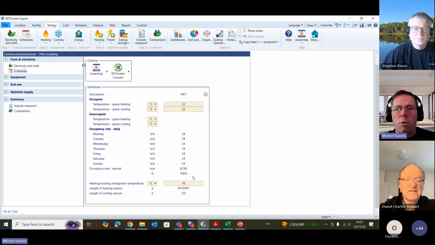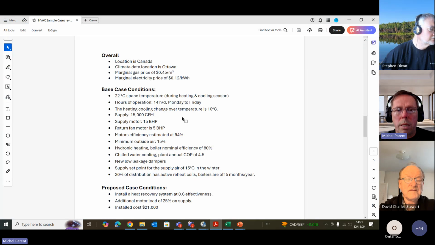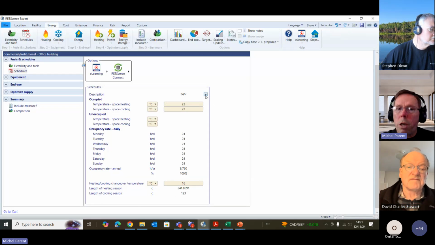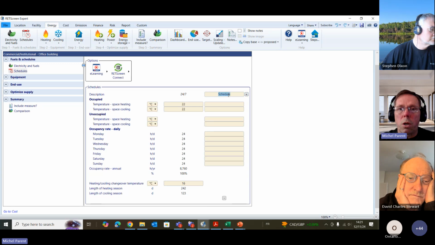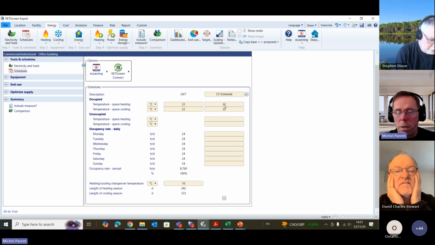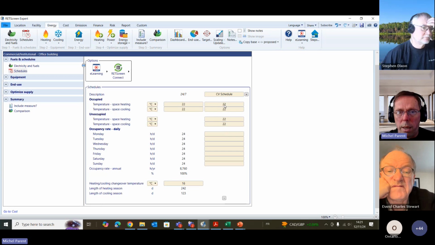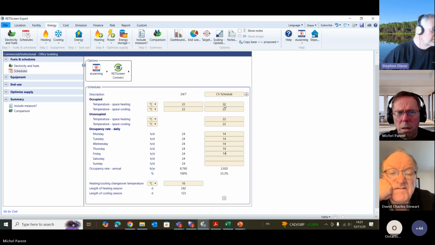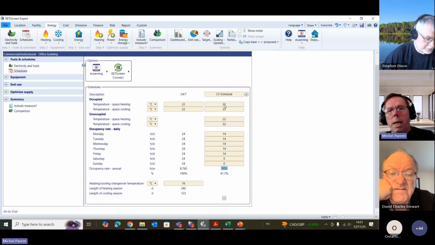Obviously, the changeover temperature is quite critical, so at 16 degrees, it is. But we don't want 24/7. We want our own schedule. So I'm going to call that CV for constant volume, CV schedule. Now, I could be tempted to enter 22 and 22, 22, 22, then 14. Is it 14, Stephen? Yeah. 14 hours. Yep, correct. Okay.